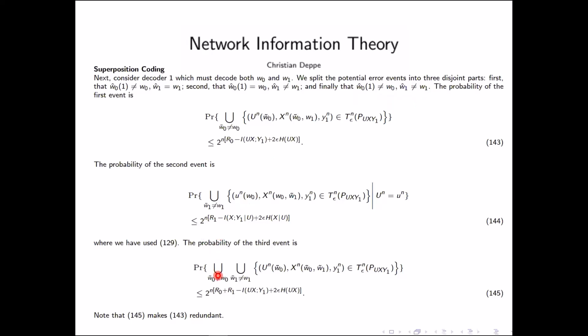So we have to take the union over all w0 tilde not equal to w0 and the union over all w1 tilde not equal to w1, such that these are jointly typical. So again, we look at the probability and estimate all of it with the same probability. Then we can write this as a sum and look how many elements we have. We have exactly 2 to the n (R0 plus R1) elements, and we can estimate this in this way. So that's the third condition.